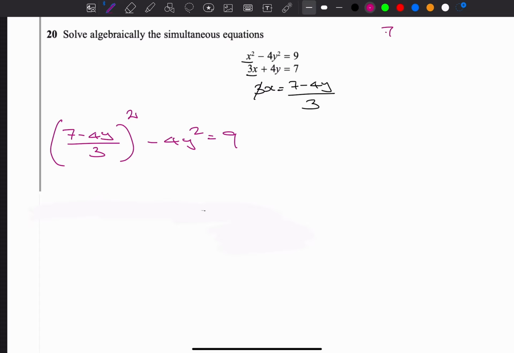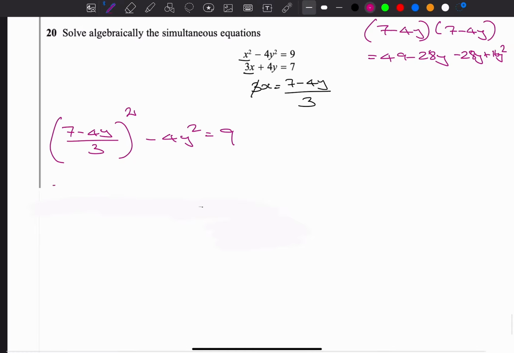So what about 7 minus 4y bracket 7 minus 4y? If you multiply, that will give you 49 minus 28y minus 28y plus 16y squared. And what happened to the over 3?